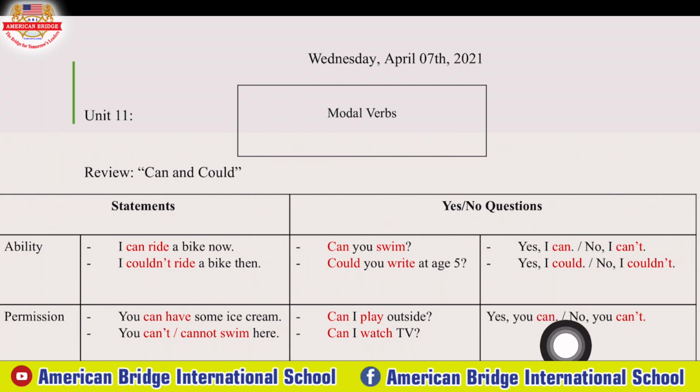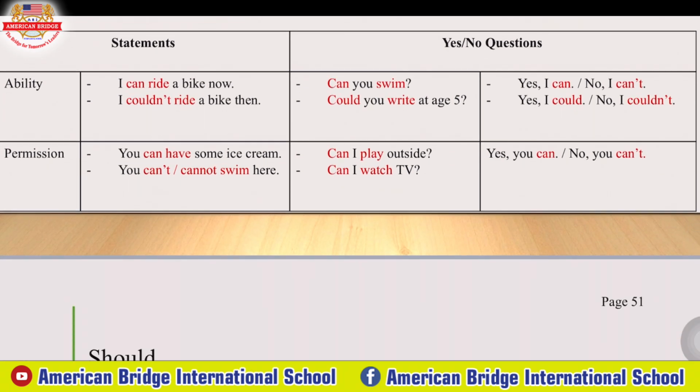For a yes or no question, you can reply yes, you can, or no, you can't. Both answers are the same, but the difference is that permission is about allowing someone to do something, and ability refers to something that people are able to do.